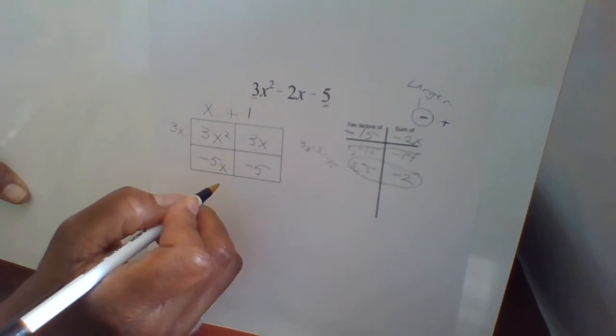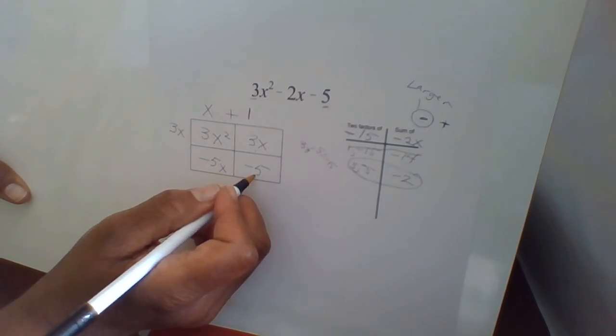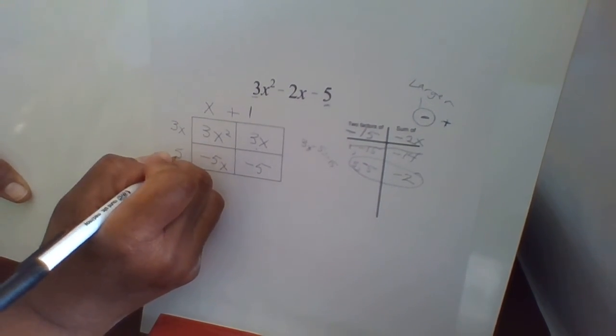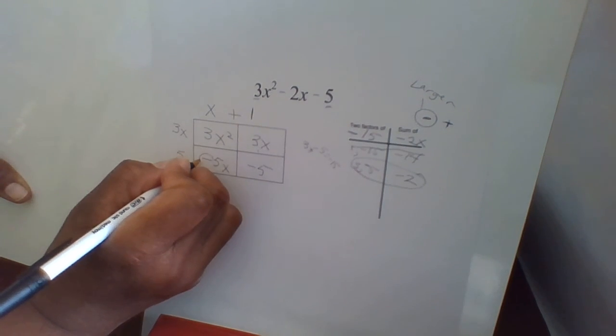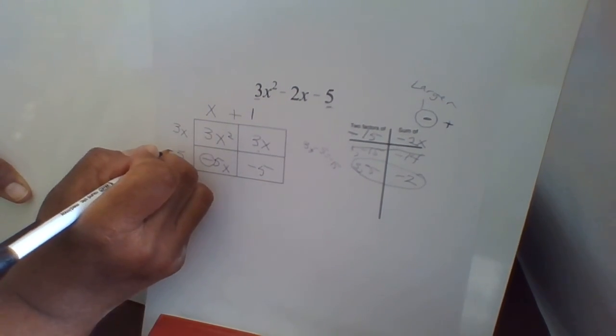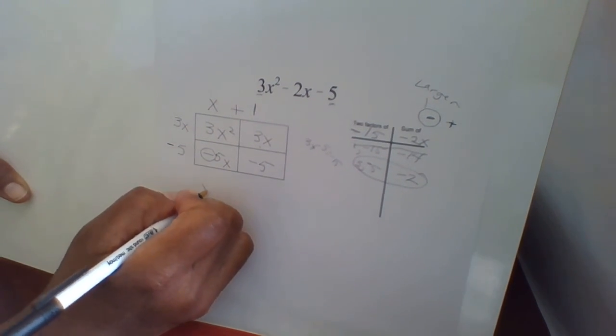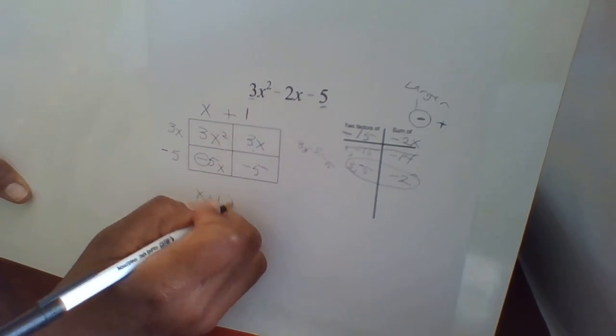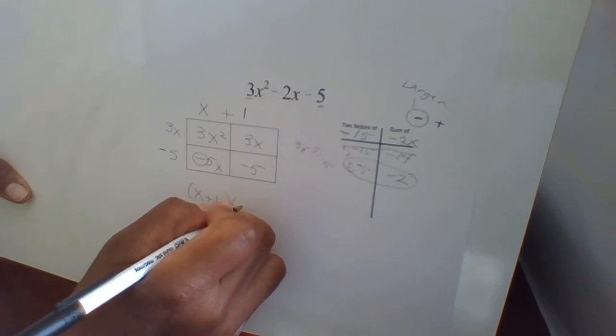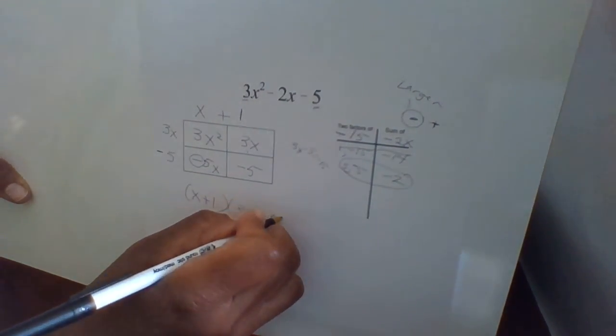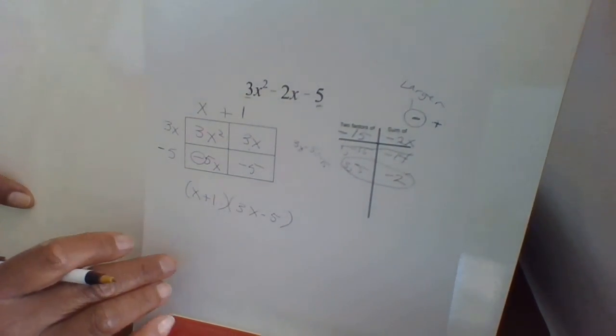Put it to the left. Negative 5x and negative 5 both have 5 in common, but since this term is negative, put a minus between the two. So my final answer would be x plus 1 and 3x minus 5, written as a binomial product.